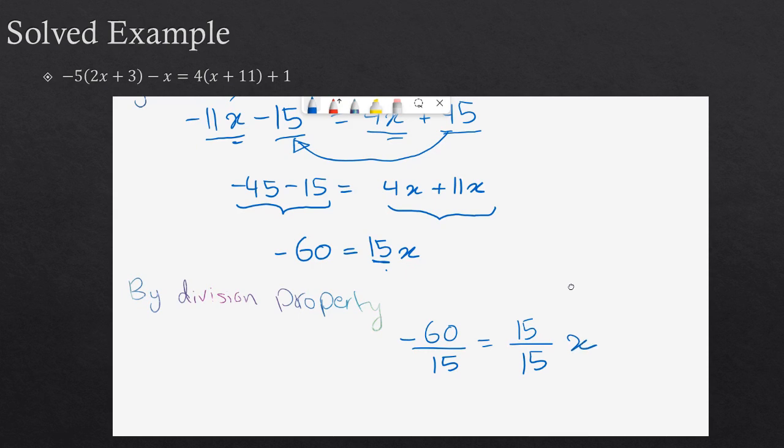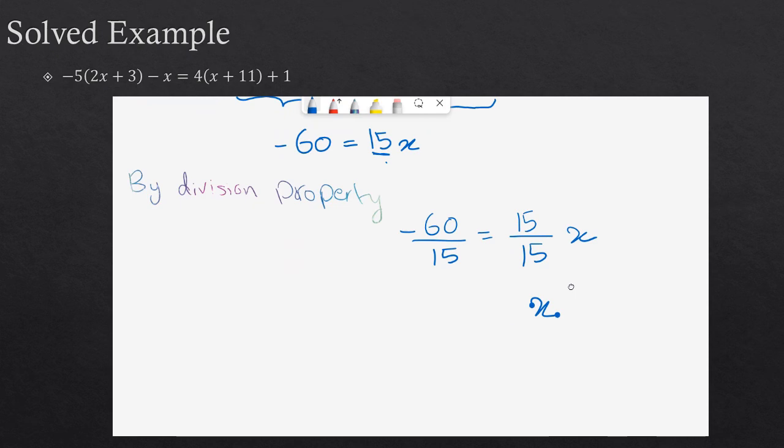We have 15 over 15 is 1, so nothing but x has remained, right? Then we have here minus 60 over 15, which is minus 4. Okay, this is our answer. So we solved this question by using these kind of properties to help us to reach x equal to a constant.